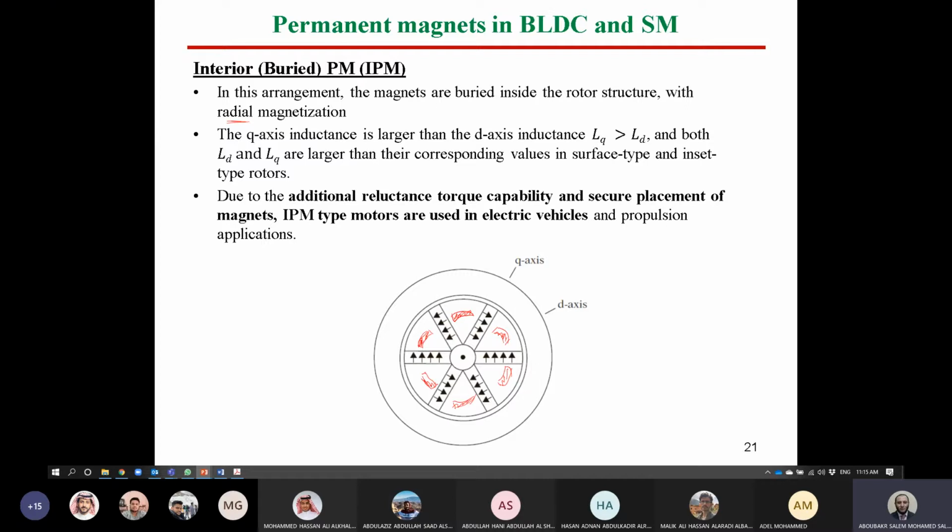Of course, guys, every day we have improvement in electrical machines. All of these types of machines, guys, are called radial flux machines. We have a modern type called axial flux. We have motors that have two rotors, not one rotor. It's called double rotor. But these types are still in the investigation process.